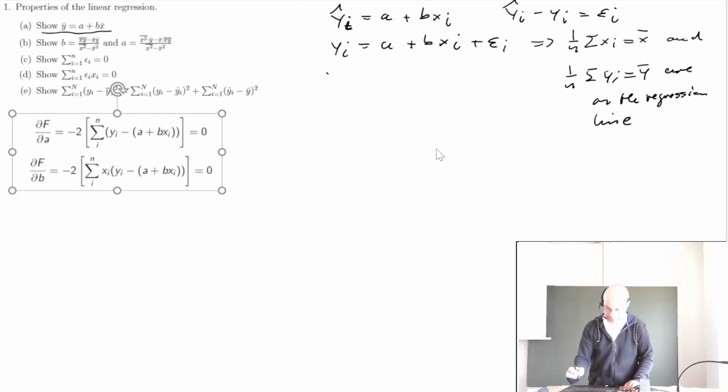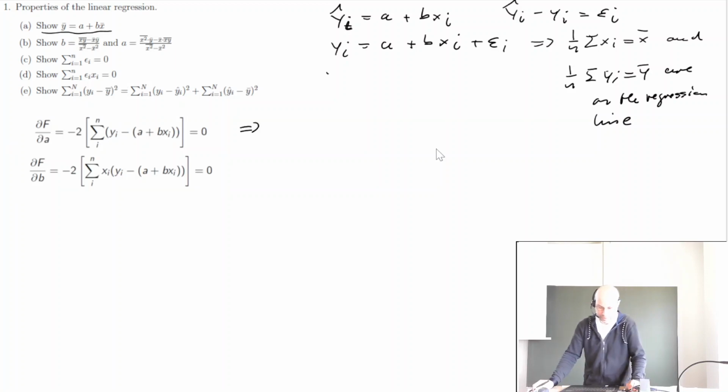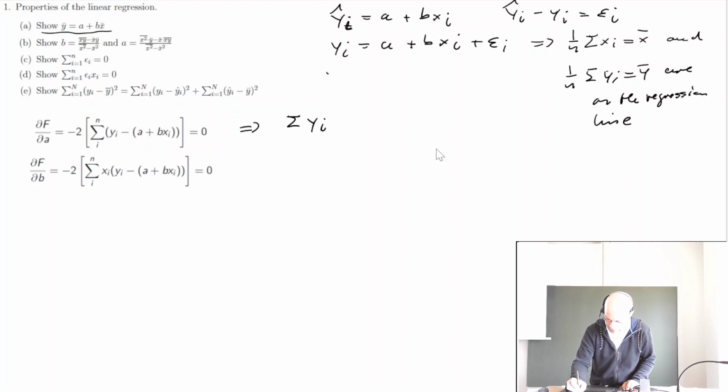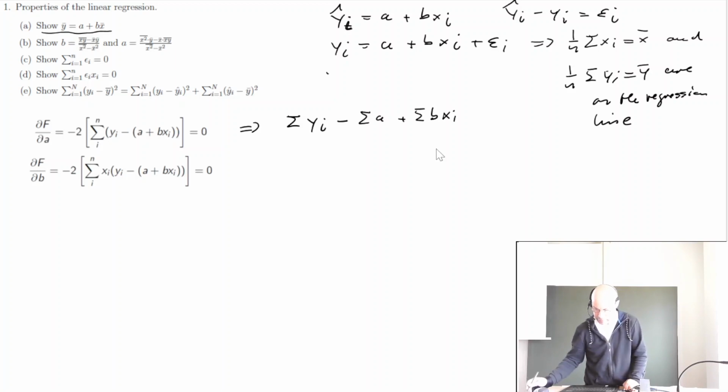Well, and then we obtain from this part here the sum over yi minus the sum over a plus the sum over b xi equals 0.